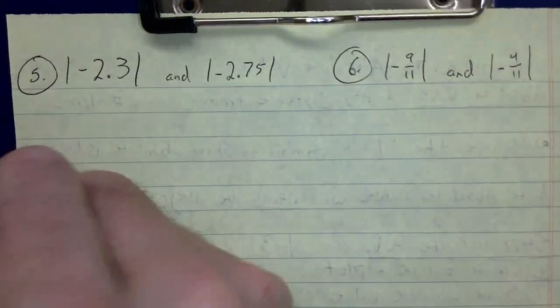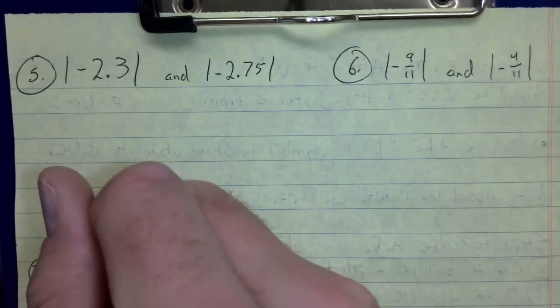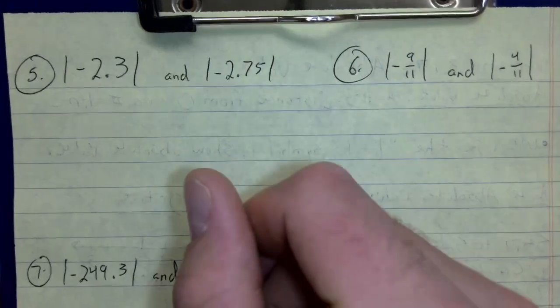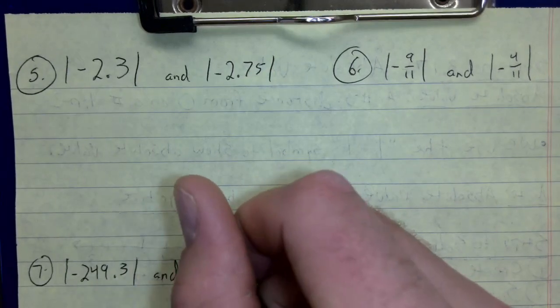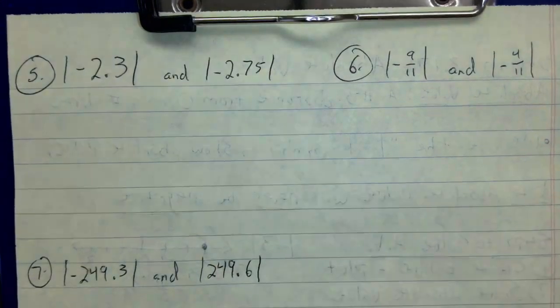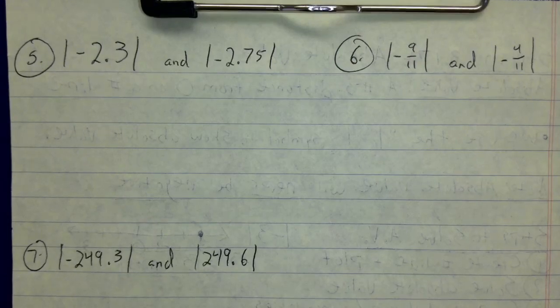And number 7 is find the absolute value of negative 249 and 3/10 and the absolute value of 249 and 6/10. All right, go and try numbers 5, 6, and 7.